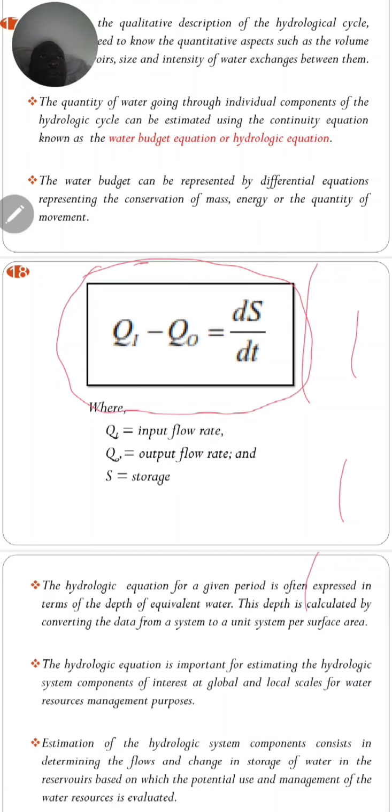So if you receive let's say 3 cubic meters of water, and then 1 cubic meter of water is withdrawn by one of these processes, then what will remain is 2. Now if initially it was a 3, then you have taken out 1, that means there is a change in storage, and then the change in storage is 2. Now this is what this equation is telling you here.